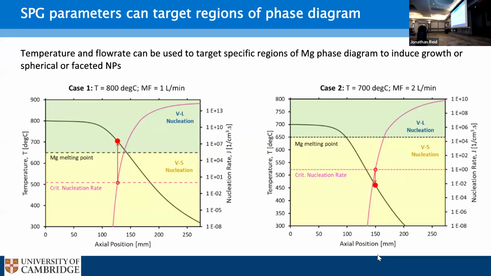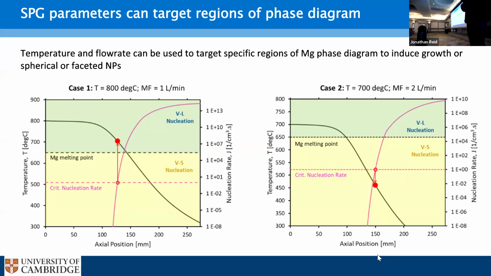And so by making a model in COMSOL to represent the SPG, we can run a number of cases and operating conditions to try to target specific regions in the phase diagram. So these plots are temperature, the black curves, and nucleation rates in the magenta along the position of the SPG inner tube.